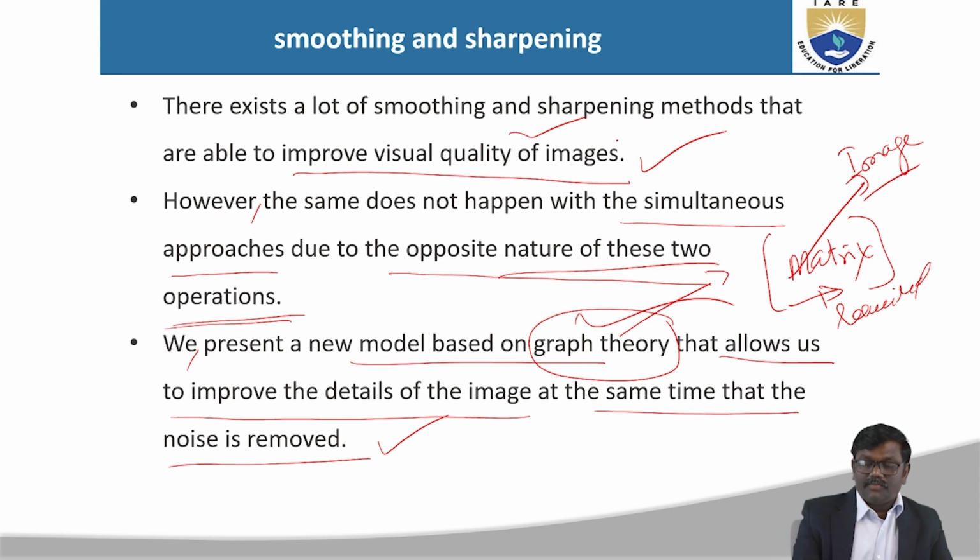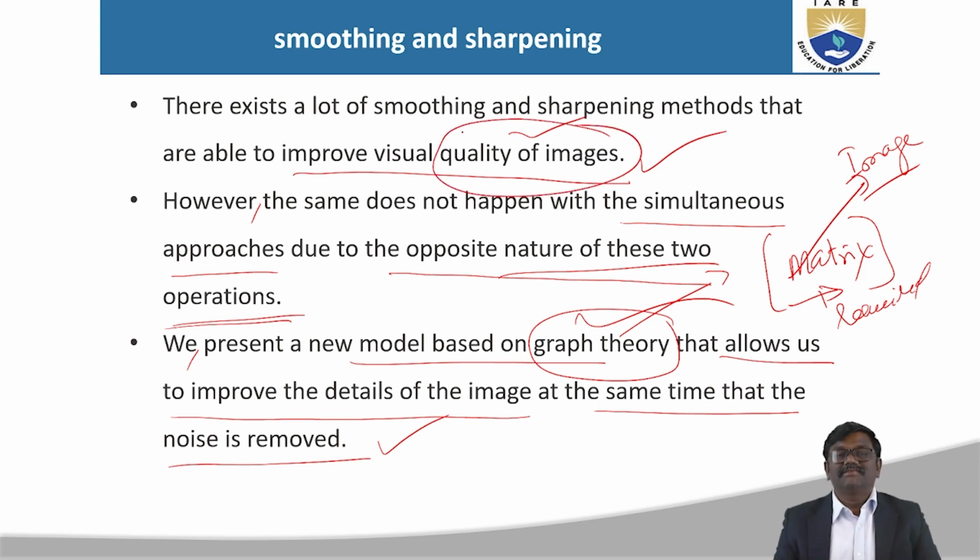The image acquired from the camera or the sensor, we keep into the quality image process by applying the smoothing and sharpening pre-processing techniques only.